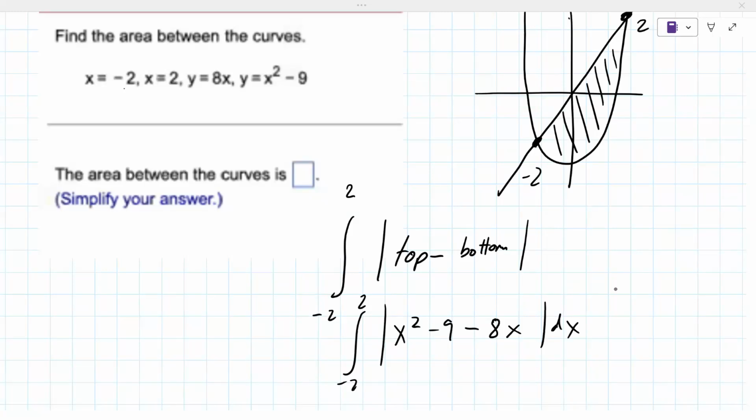Sorry, I forgot to put the absolute value in it. One moment.